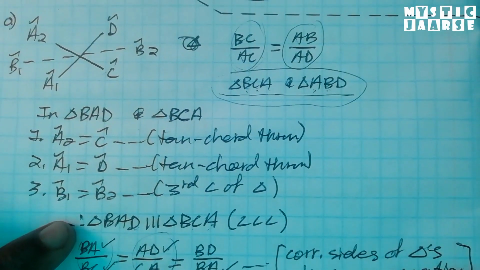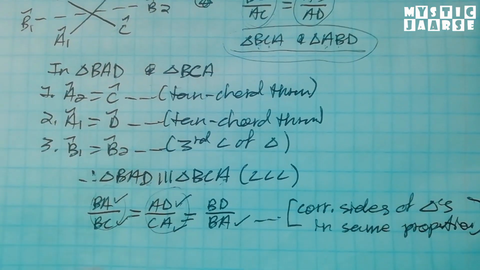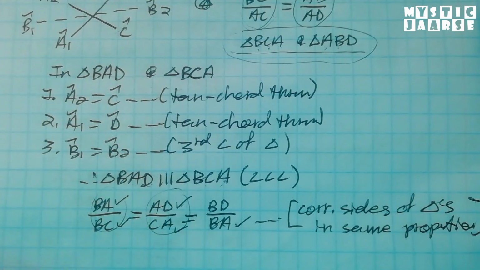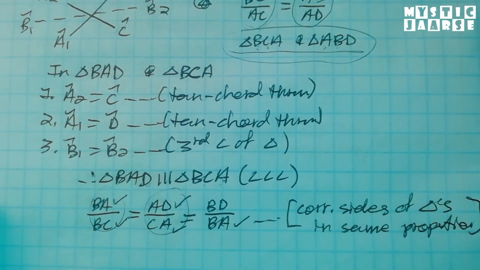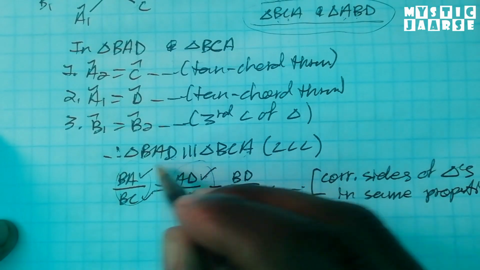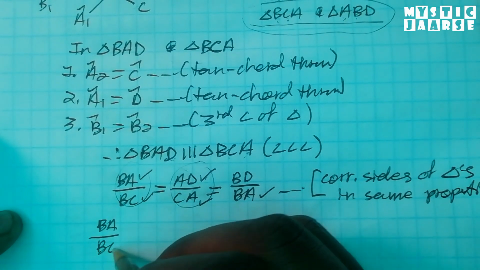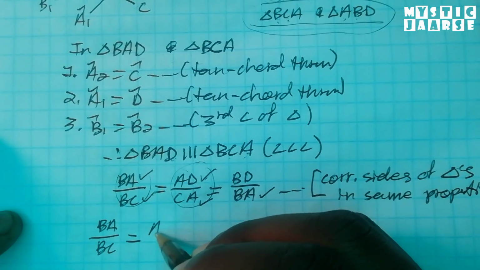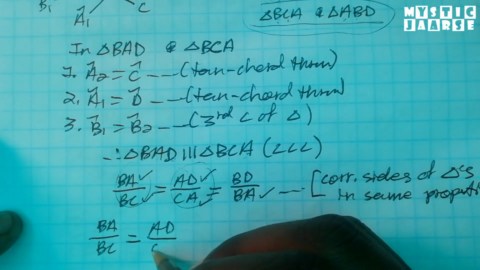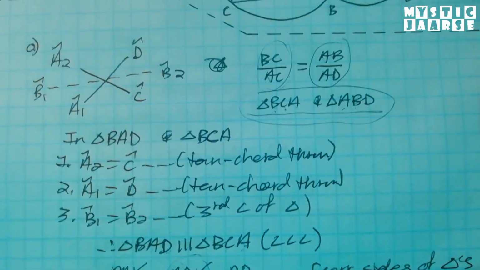As long as we have proved that your triangles are similar, then the ratios of their sides are proportional. So we're going to take out this pair. BA divided by BC is equal to AD divided by CA. Now, is it the same as what they asked us to prove?